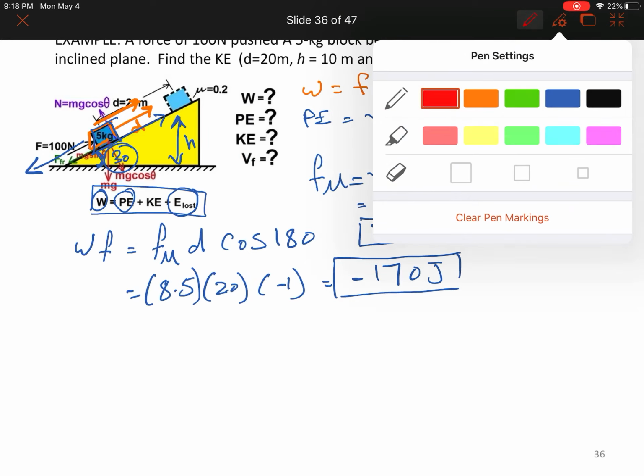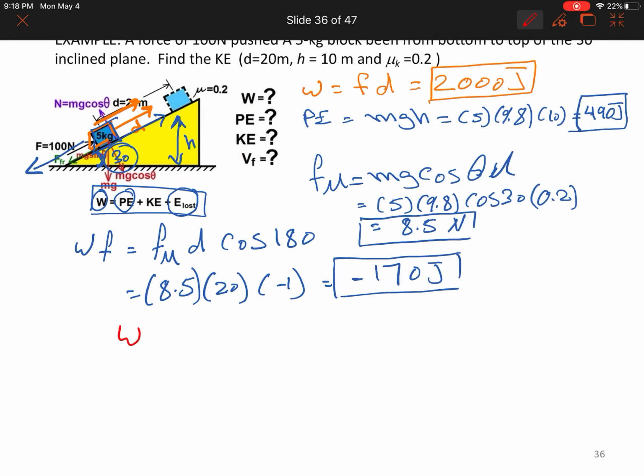Remember our equation, work should equal PE plus KE, which is kinetic energy, plus energy lost. And again, potential energy plus kinetic energy plus energy loss should equal work.